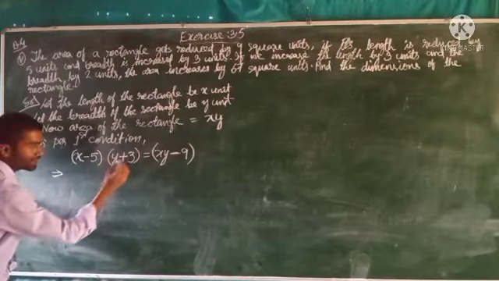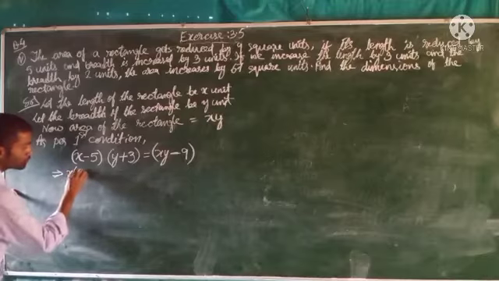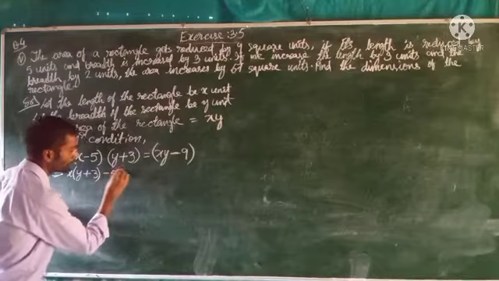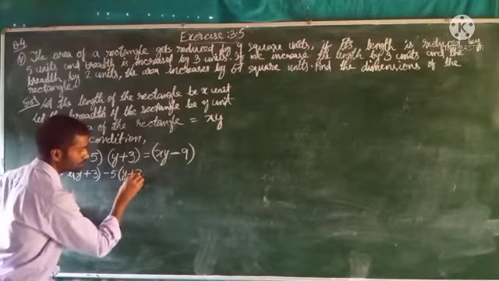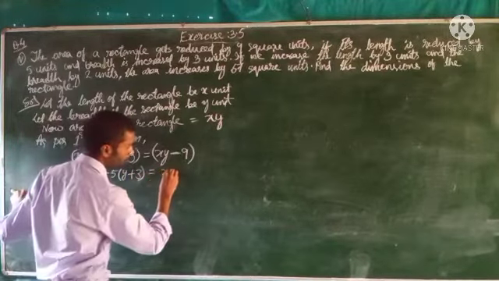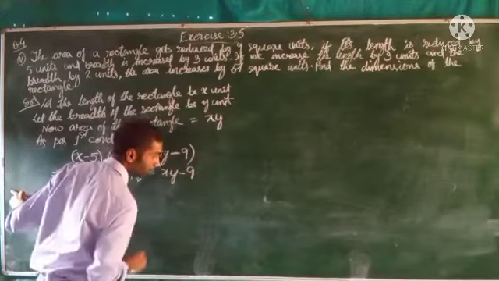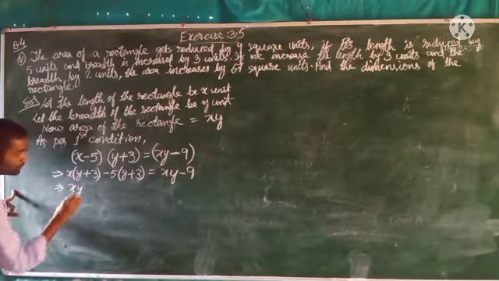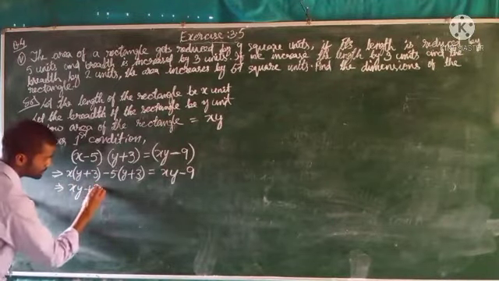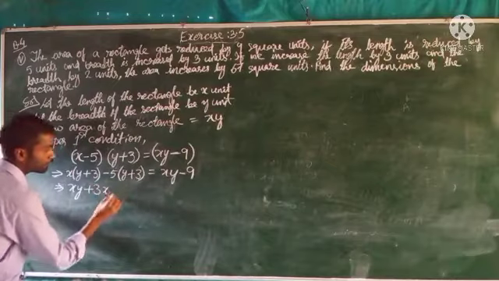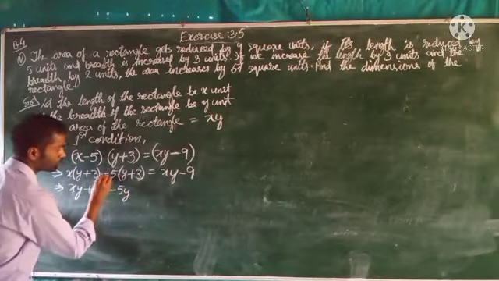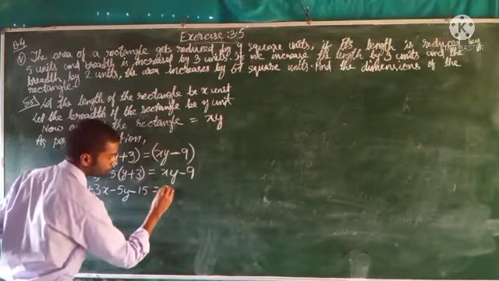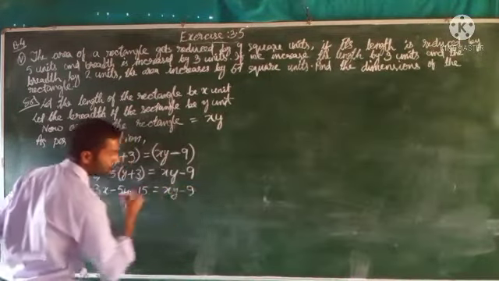So x will be multiplied to this number, that is x into y plus 3, and again minus 5 also will be multiplied to y plus 3, that is equal to xy minus 9. x into y, xy, x into 3, plus 3x, minus 5 into y, minus 5y, minus into plus minus, 5 into 3, 15, is equal to xy minus 9.